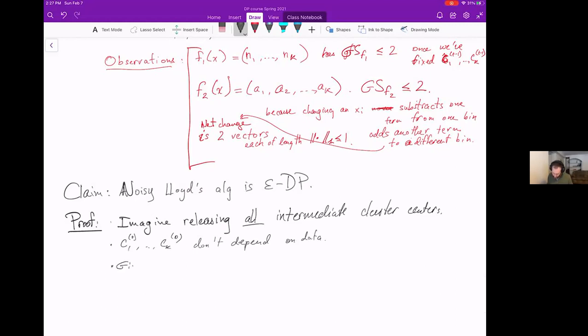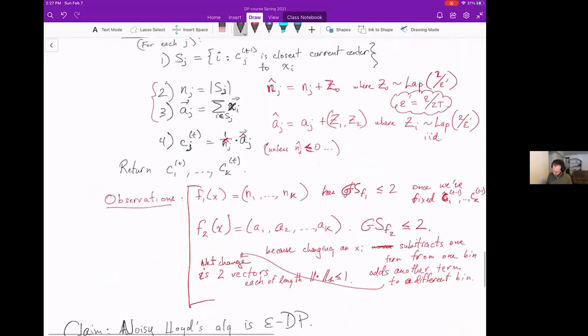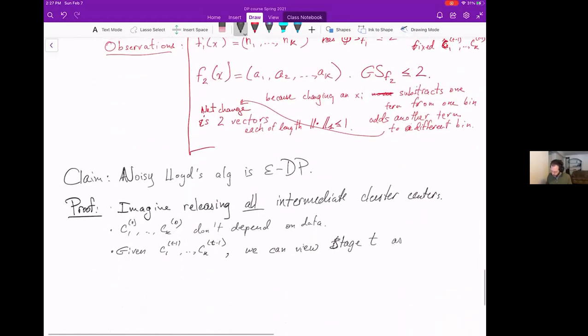And then for the other stages, if I'm given C1 of t minus 1 to CK of t minus 1, we can view stage T, that is the t-th iteration through this for loop over here, as an execution of two executions of the Laplace mechanism.